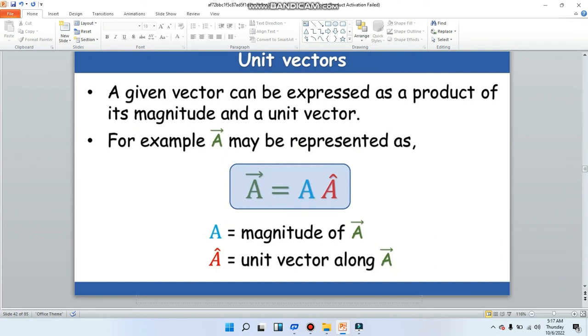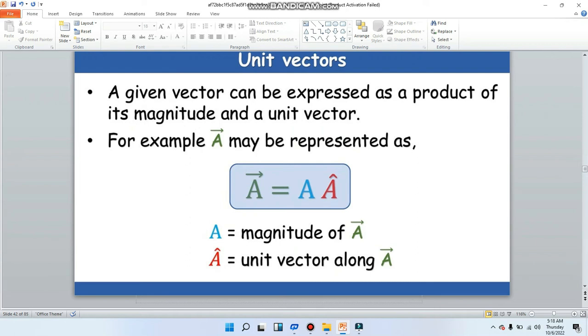Unit vectors. Vectors can be expressed as a product of its magnitude and a unit vector. For example, A may be represented as A is equal to A times A cap, where A cap shows the unit vector direction.